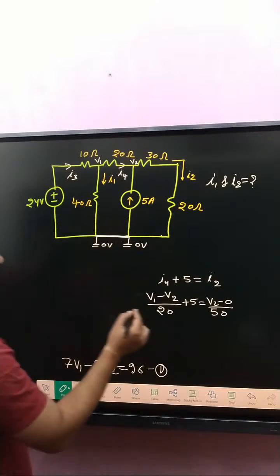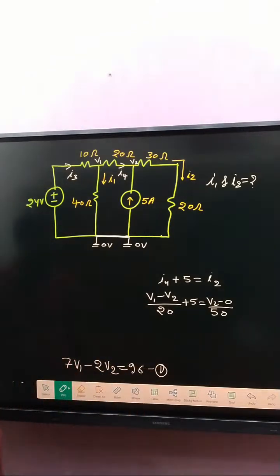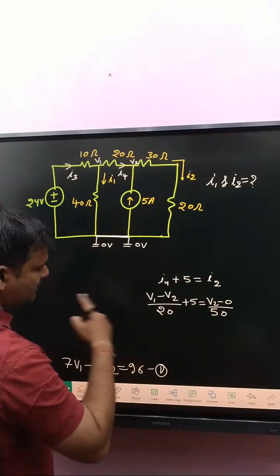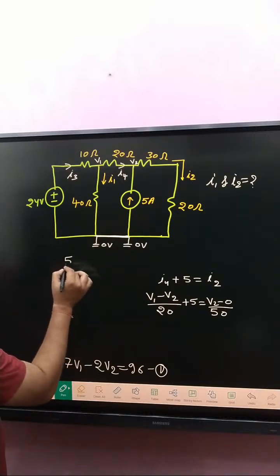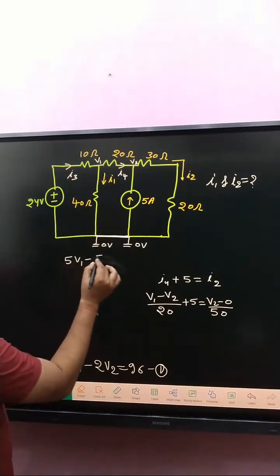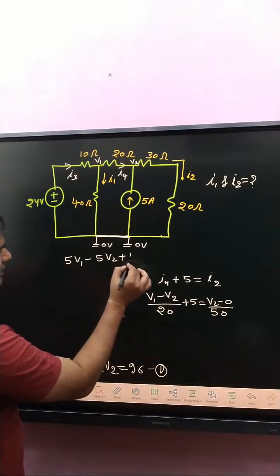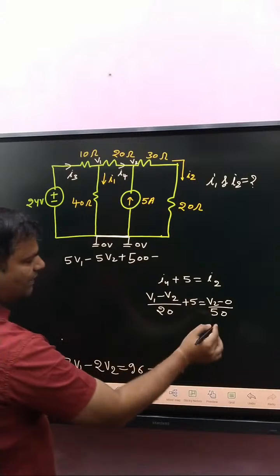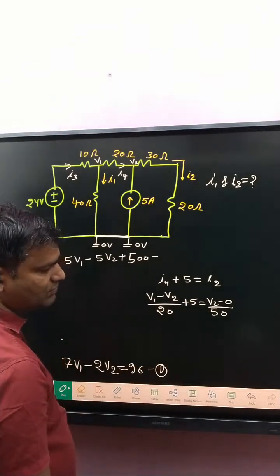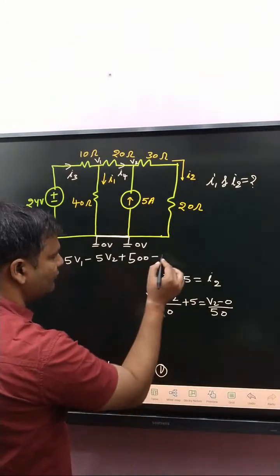Okay, now after that how can we solve? If multiplying by 100 on both sides, then how much? 100 by 20, that is 5V1. So 5V1 minus 5V2 plus 500, this will equal 100 by 50, that is 2V2.